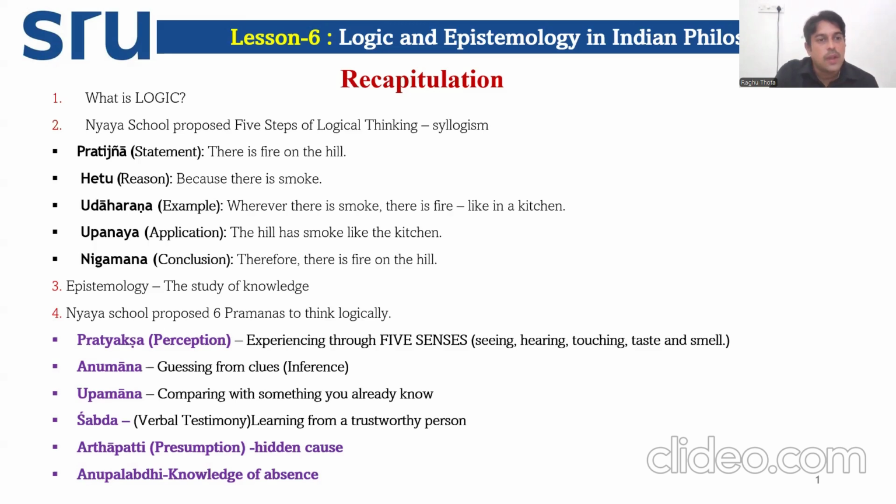In such a way, we are applying the example, that is called Upanaya. And the next one, Nigamana, which means conclusion. Therefore, we finally come to the conclusion that there is a fire on the hill. These are the 5 steps proposed by Nyaya school in regard to logical thinking.